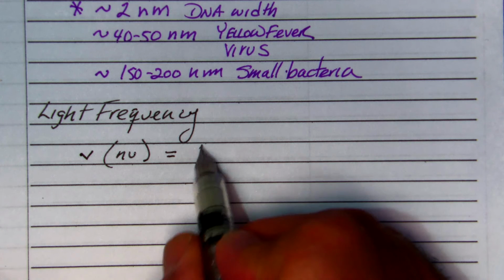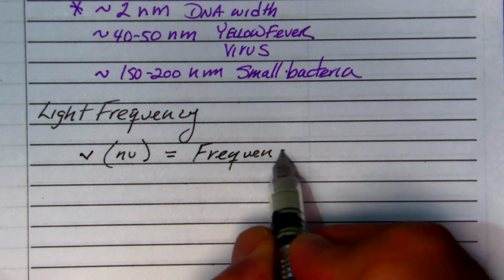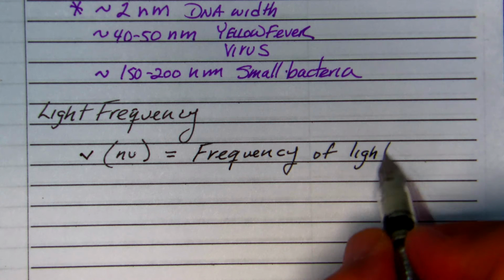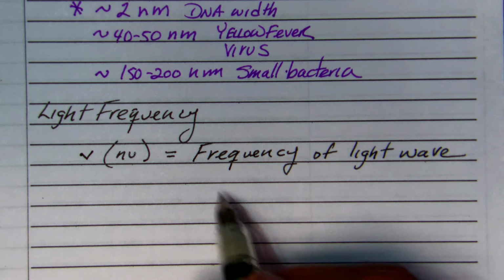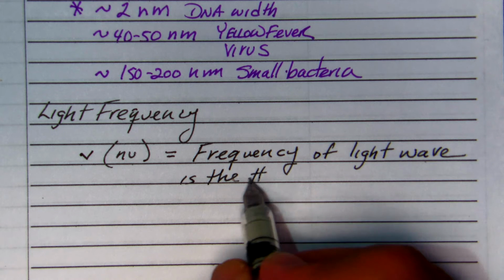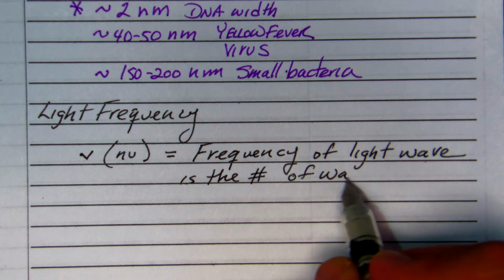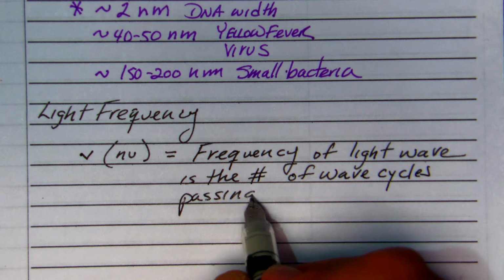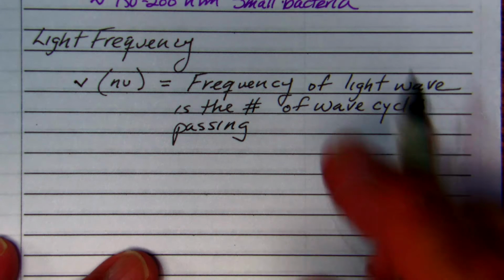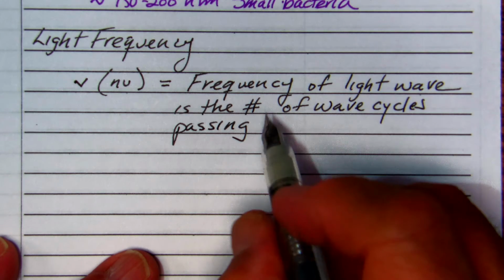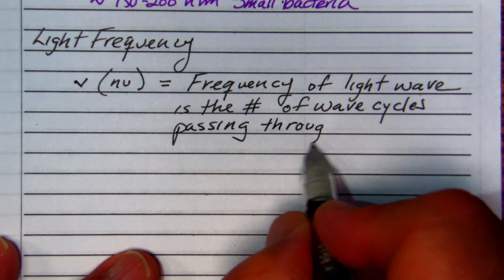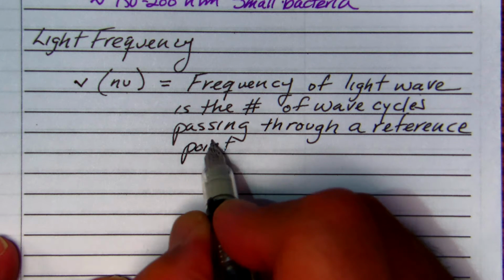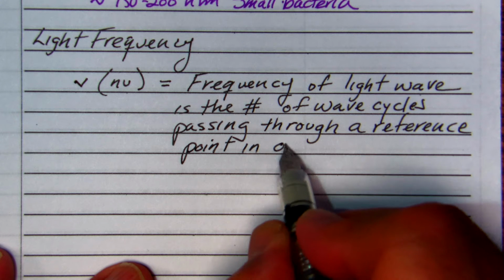So frequency of a light wave is the number of wave cycles passing through a reference point in 1 second.